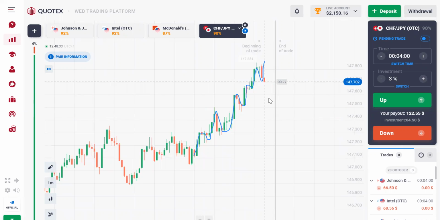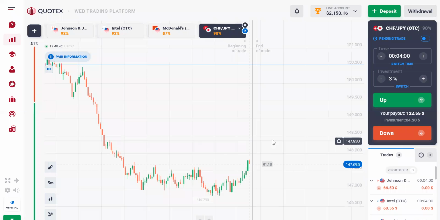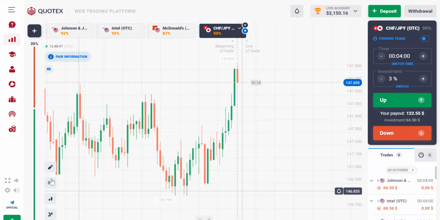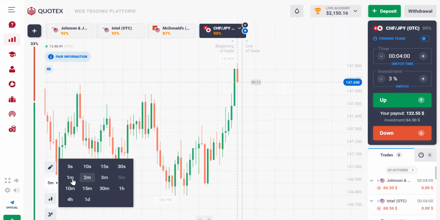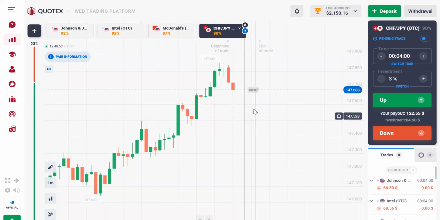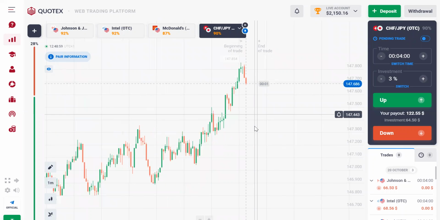So let's see if we're going to get a good trade here now on CHF JPY. So you guys can stay on this one. I've seen some good sellers. Let's see how the trend goes.